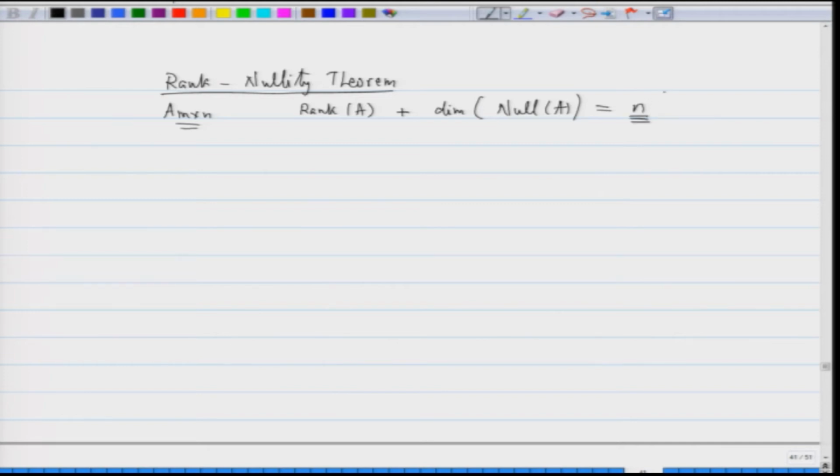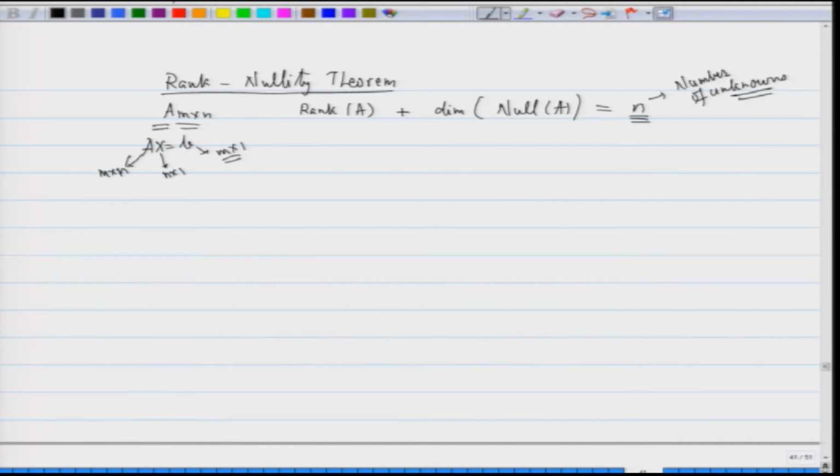The idea was that we started with solving A x equal to b, where A was m cross n, x was n cross 1 and b was m cross 1. That is another way of understanding which subspace is where. So, this n is the number of unknowns, the number of variables that you are looking at.